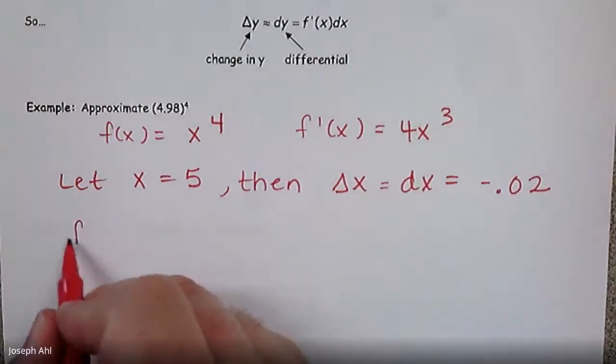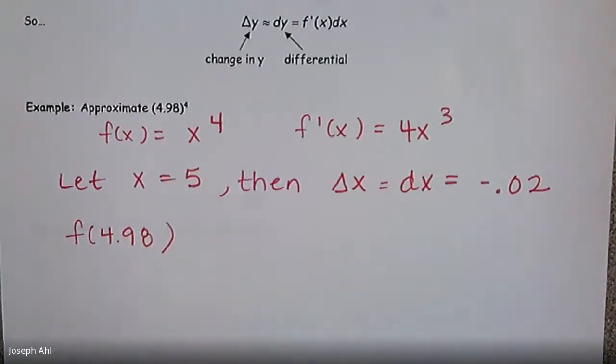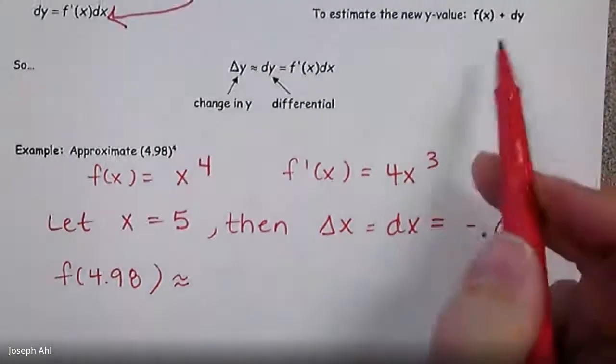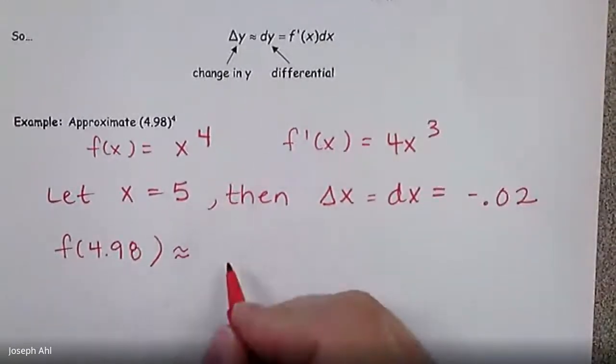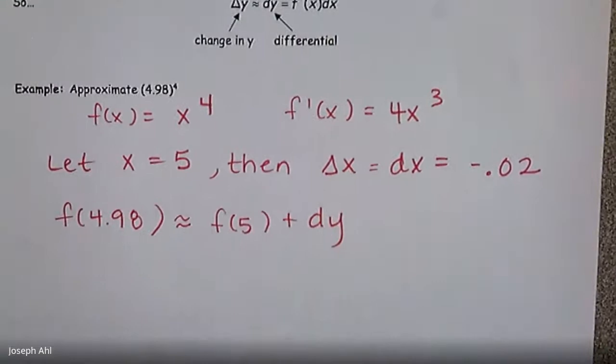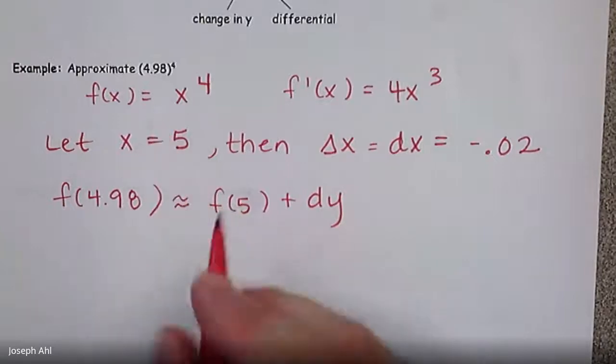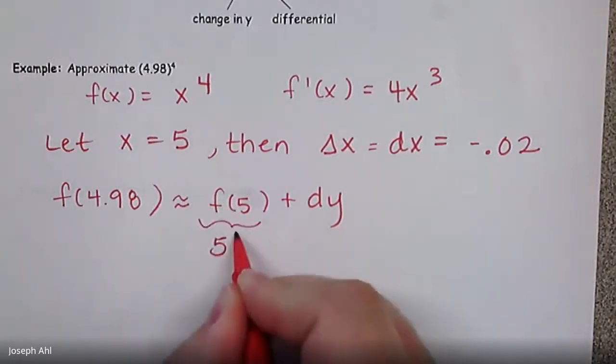So to figure out what f of 4.98 is, we're saying that that's going to be approximately equal to our new y value, f of x, so that's f of 5, plus dy, plus that differential. F of 5 is pretty easy for us to calculate, right? That's just going to be 5 to the fourth.